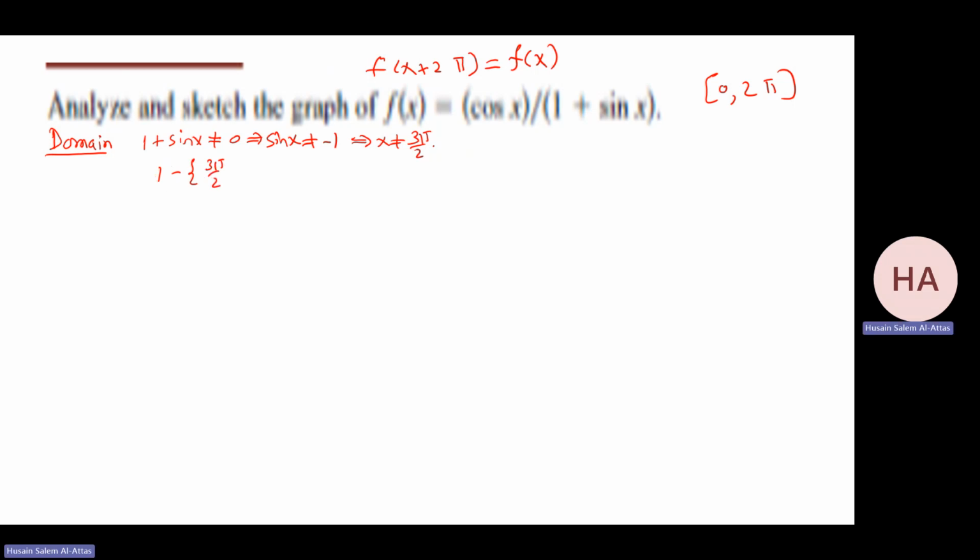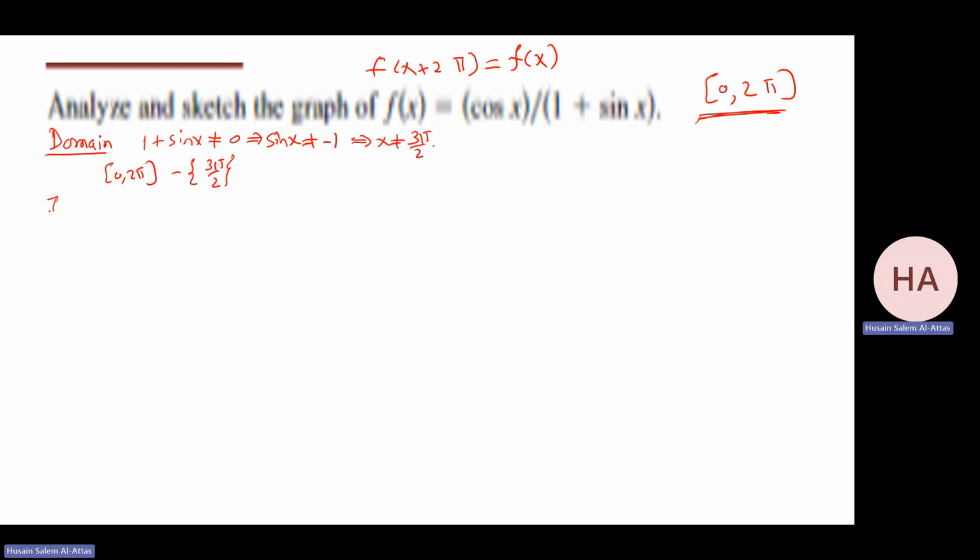I mean, it's not R. Now it is 0 to 2 pi. I'm dealing just with this, and then I'll make a copy after that, minus this value, where sine x equals -1. So I have a 3 pi over 2.